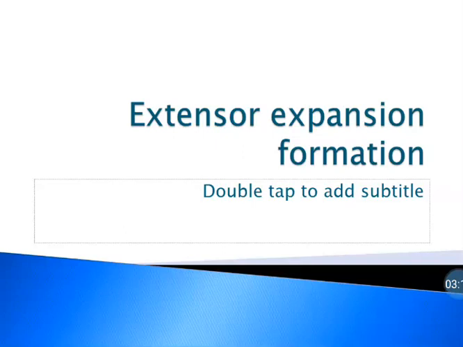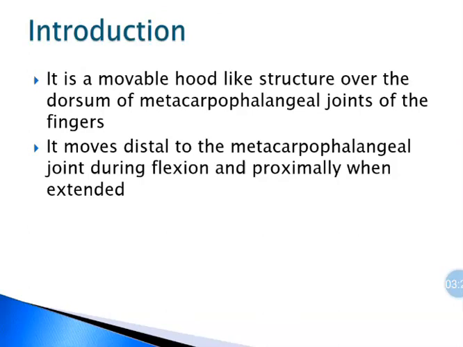Then coming to formation of extensor expansion. It is a movable hood-like structure present over the dorsum of metacarpophalangeal joints of fingers on the extensor side. This moves distal to the metacarpophalangeal joint during flexion and proximally when extended.